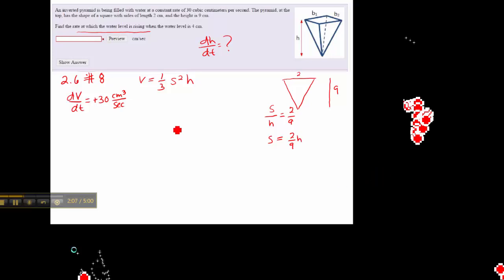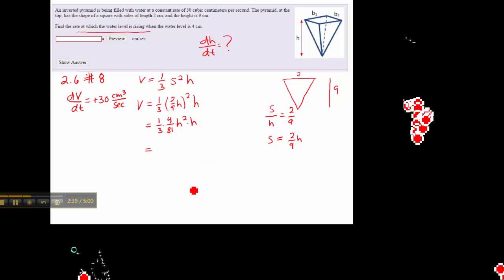So over here, I would write V is equal to 1/3 times (2/9 h) squared times h. So this would equal 1/3 times 4/81 h squared times h.